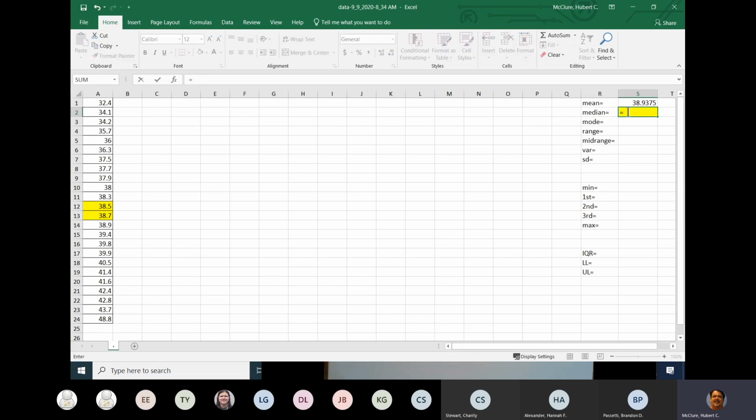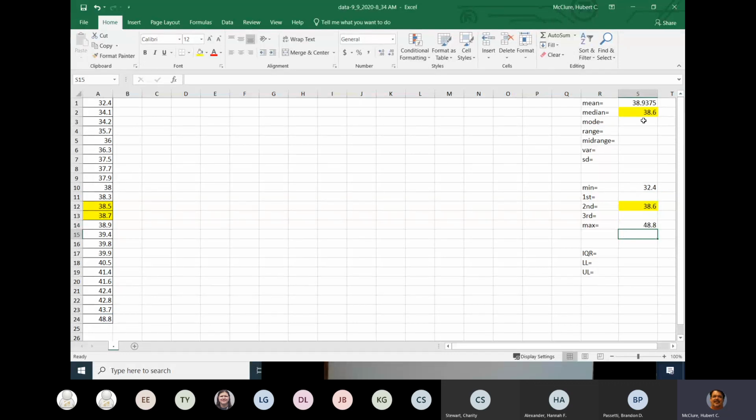So that's equal parentheses this number plus this number divided by 2. And that's also our second quartile. And while we're at it, the min is right there, and the max is right there.